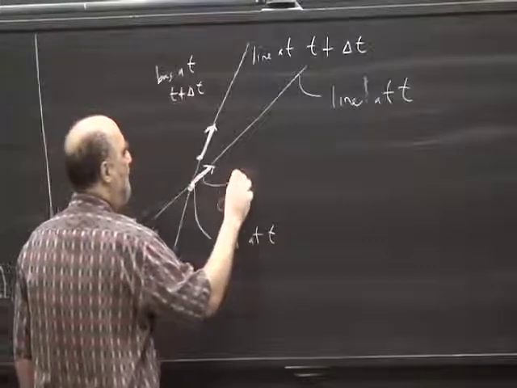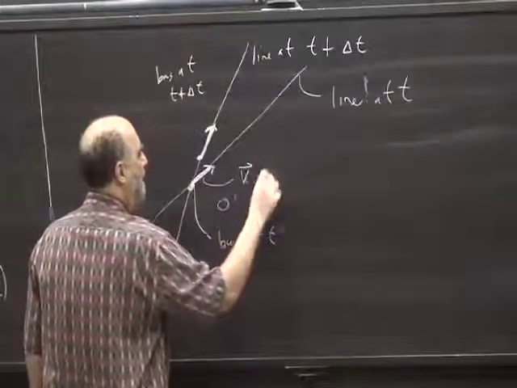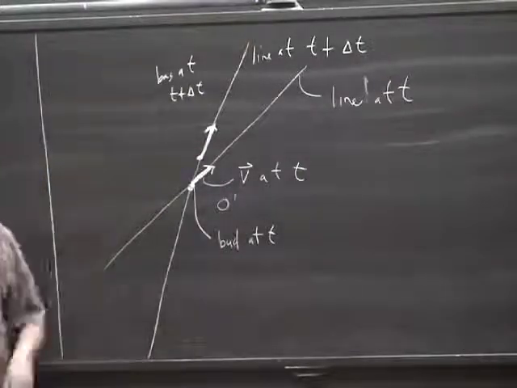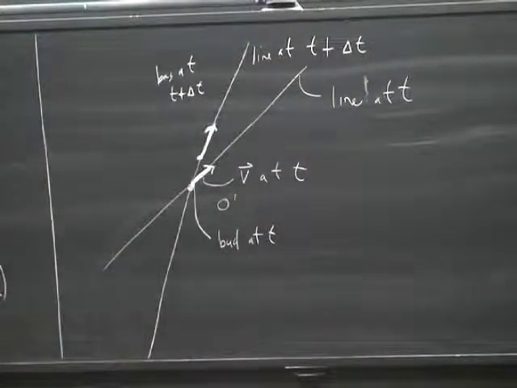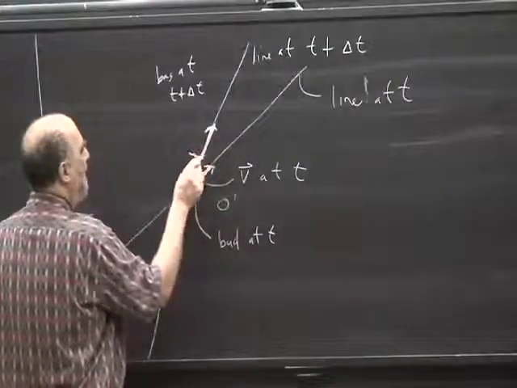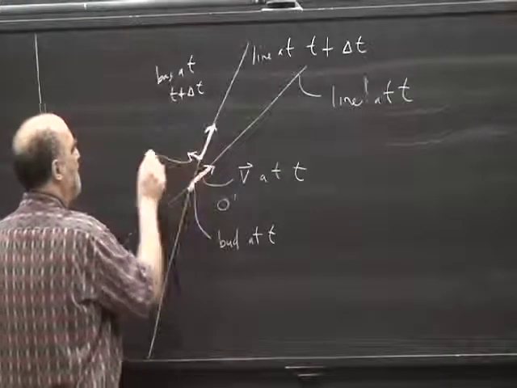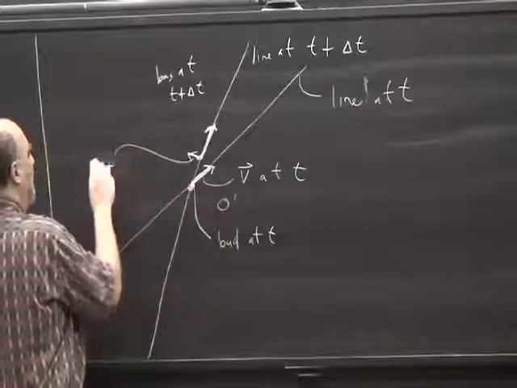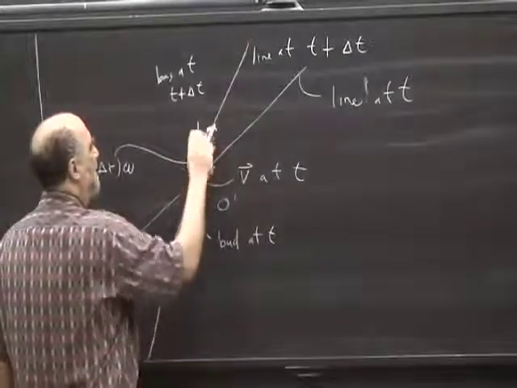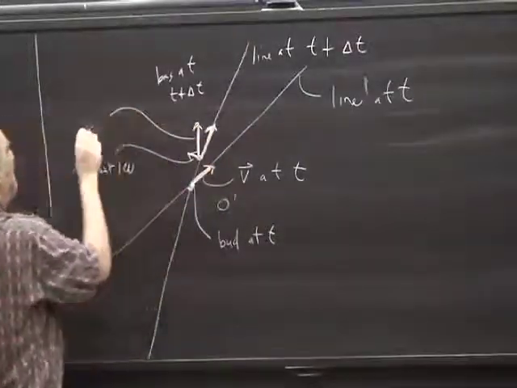And this is the velocity of the bug at t. And this is not the velocity of the bug at t plus delta t. This is the radial part of the velocity at t plus delta t. And we have to add to that this delta r times omega. And this is the velocity at t plus delta t.